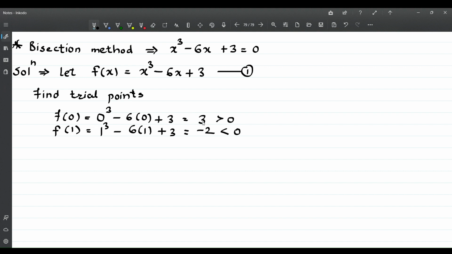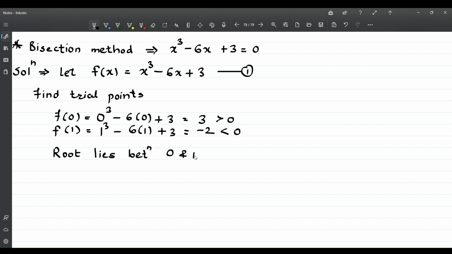So you can see here one answer is positive, one answer is negative. So we get two trial points, that is 0 and 1. So what we have to write here: root lies between 0 and 1.